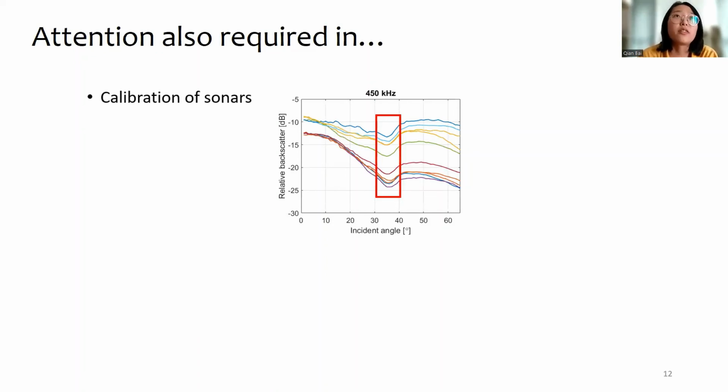We still found that, for example, the ultrasonic data at 450 kilohertz really have some steep strain behavior in these angle response curves. Because it's a systematic thing, we don't think it's because of the seafloor, so it might be attributed to the calibration of sonars. So this is still a research area that requires attention.